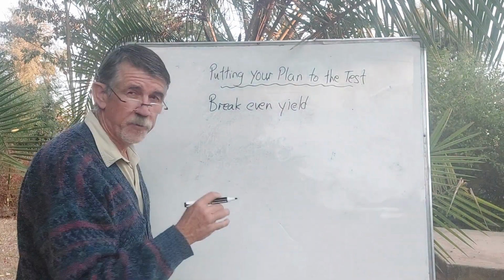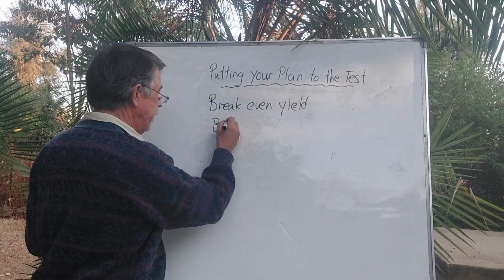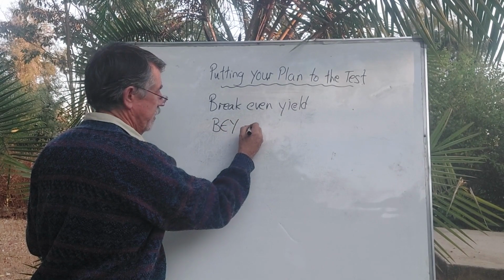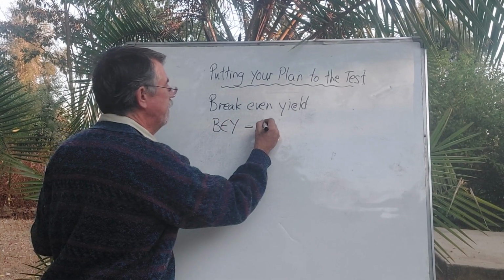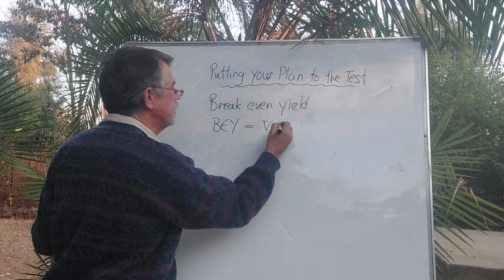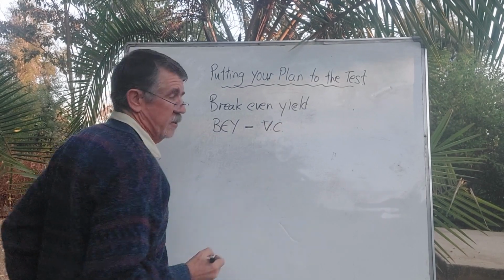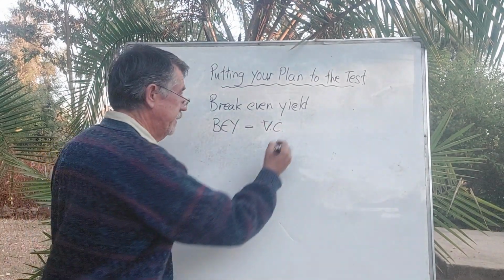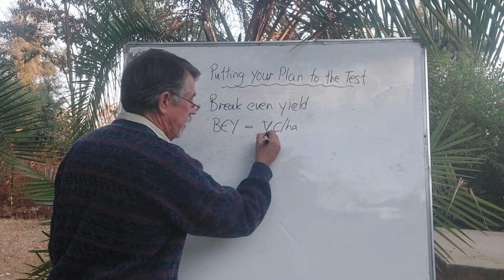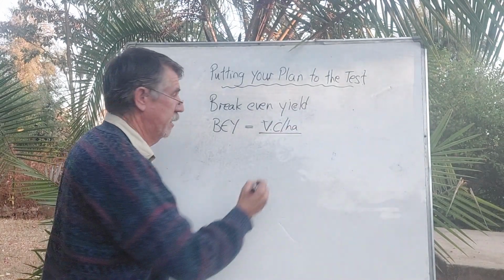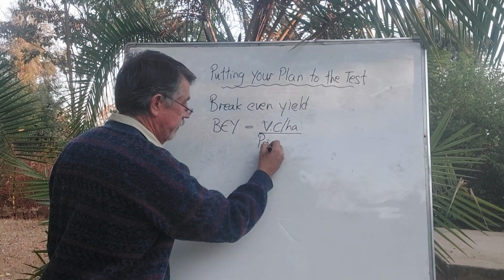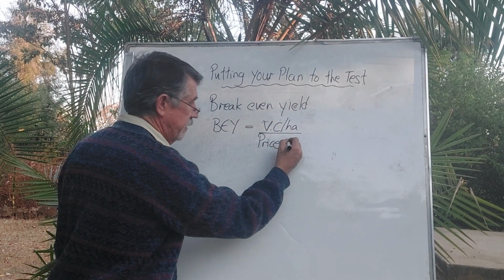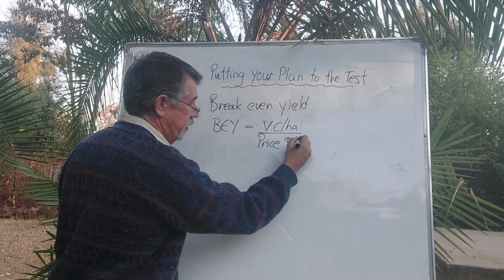So in a simple form, this break-even yield equals our variable cost per hectare divided by the price that we will get in dollars per ton.